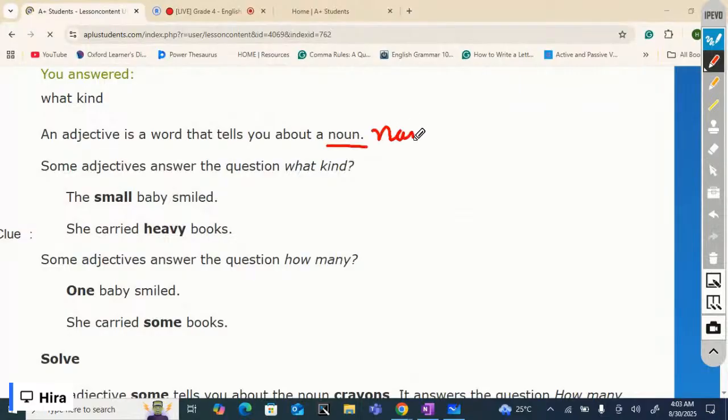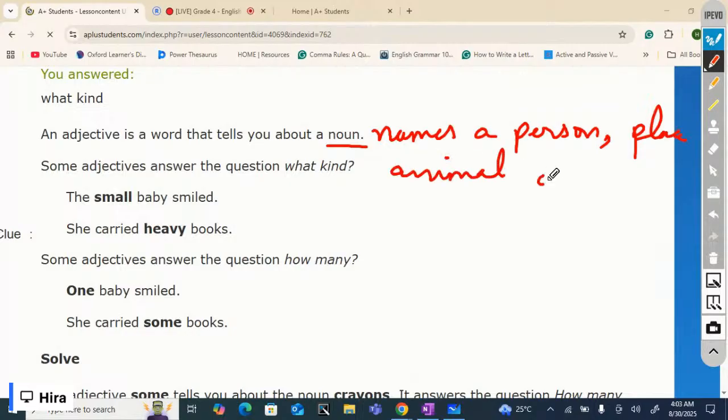A noun names a person, place, animal, or thing.